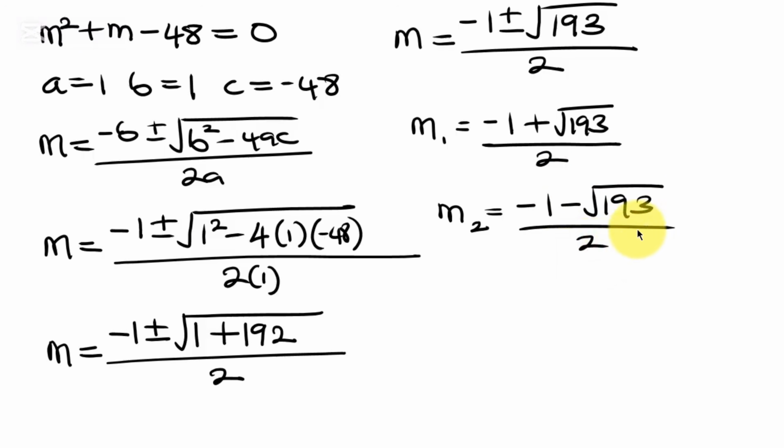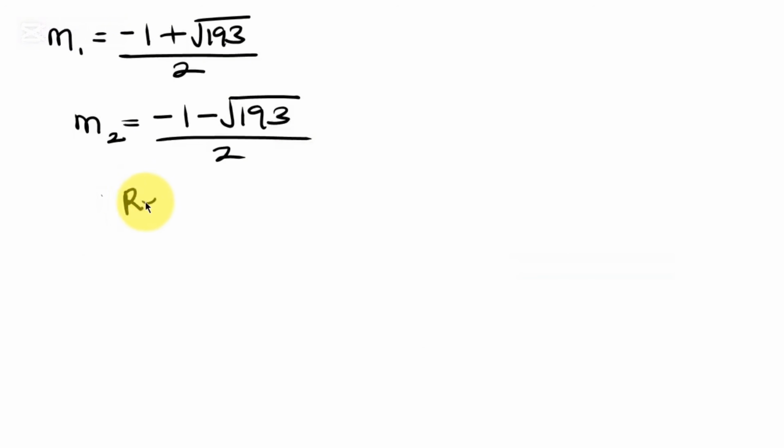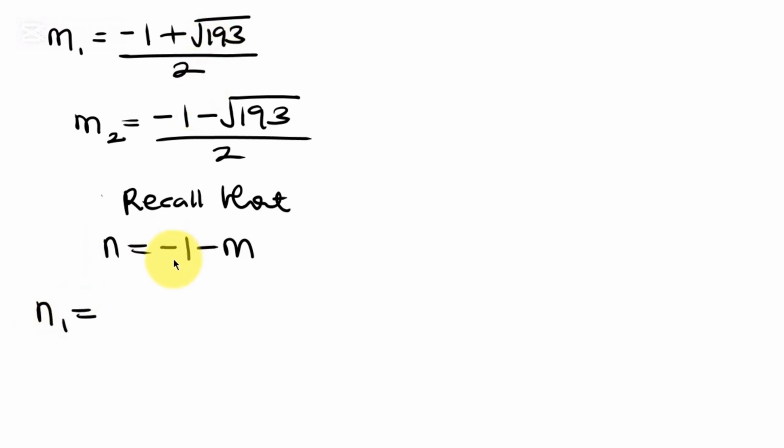Now let's use these values of m to get the corresponding values of n. Let's recall that from our substitution, we know that n is equal to negative 1 minus m. So to get the corresponding value for n, we'll substitute this m. So for the first one, this will be negative 1 minus m.